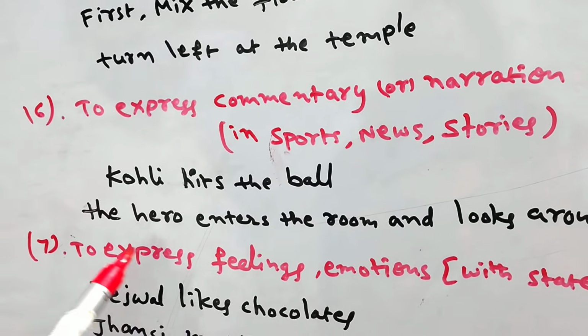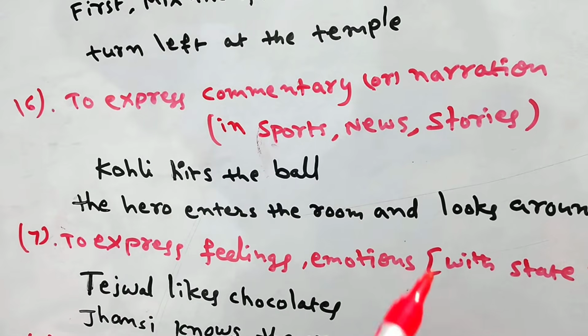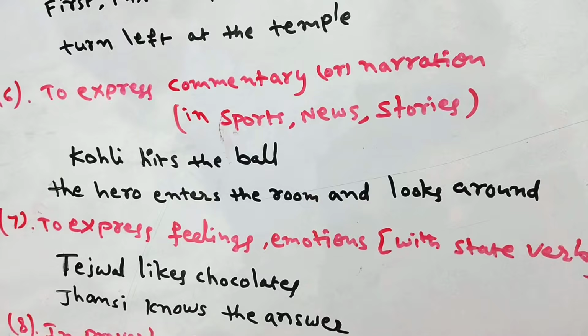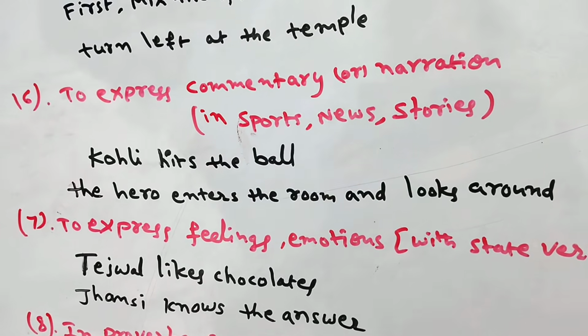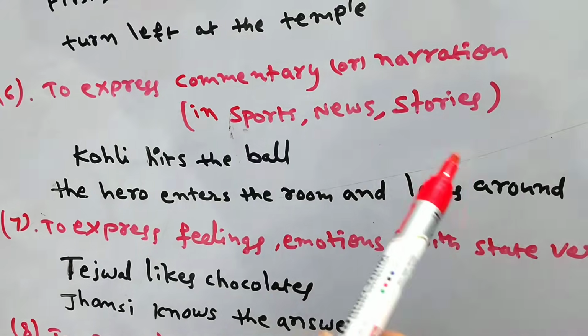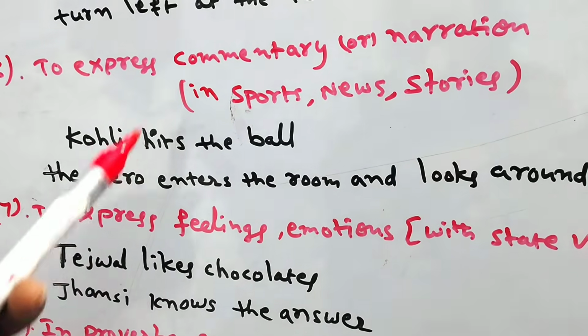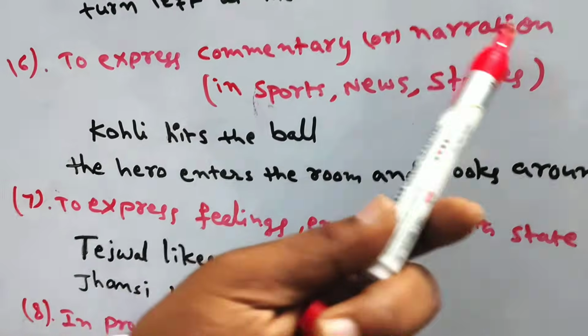Okay, now one little story like this. The hero enters the room and looks around the room. Okay, the continuation of actions. It is just like a narration of stories. Okay, that is the use of expressing commentaries and narrations.